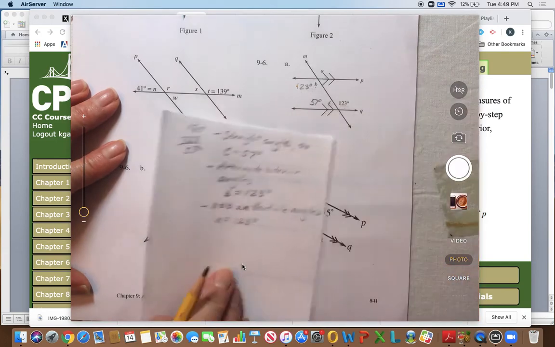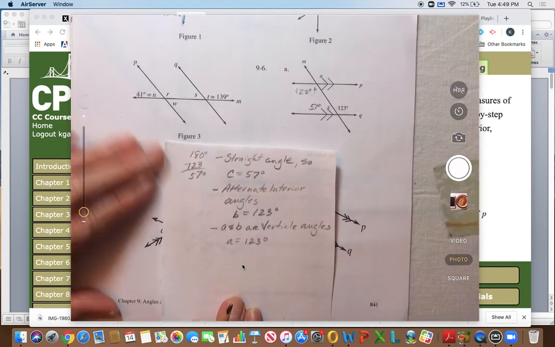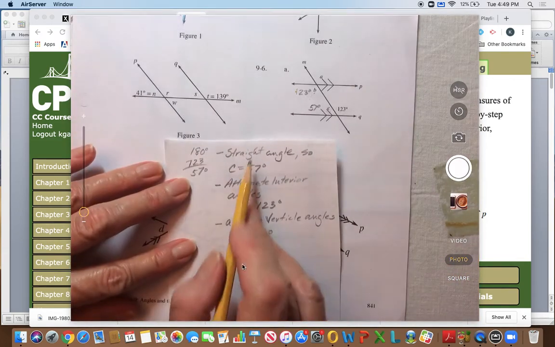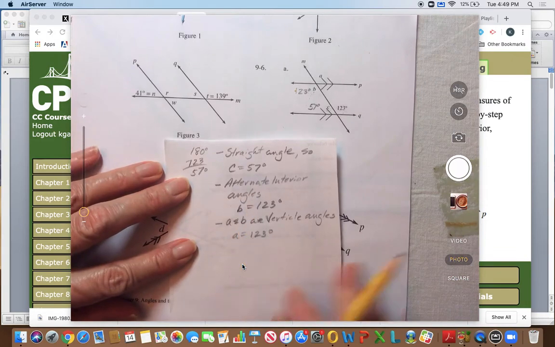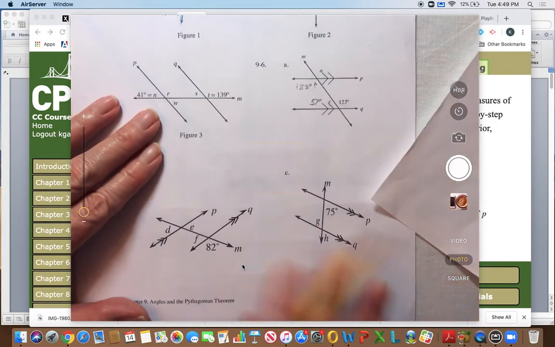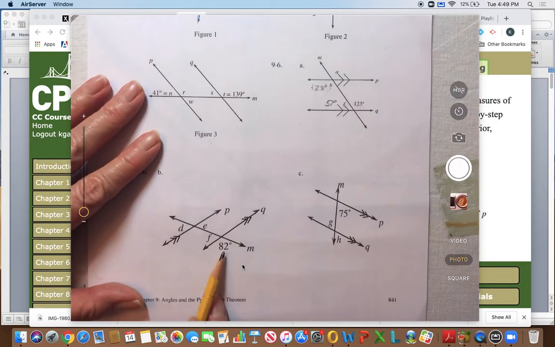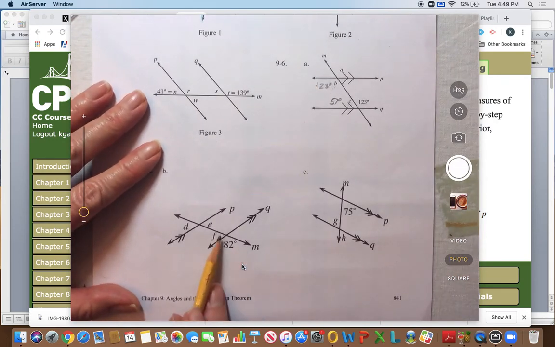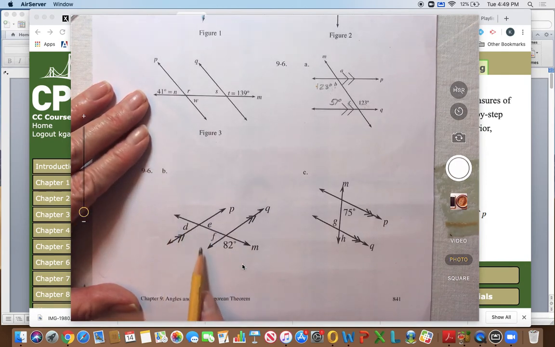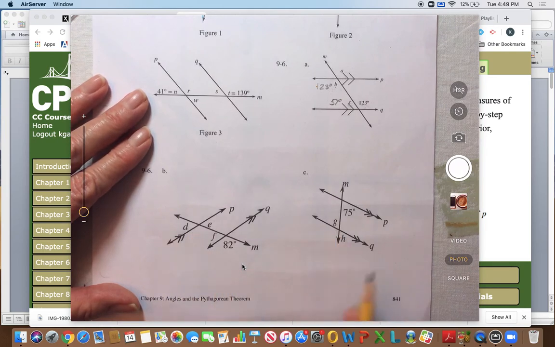So for this problem, you'll do the rest yourself and you'll just follow through this line of logic and use what you know about straight angles, alternate interior angles, and vertical angles to find out what the measure of D, E, F and also G are.